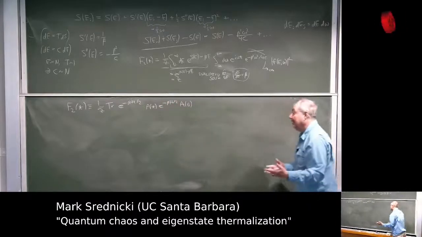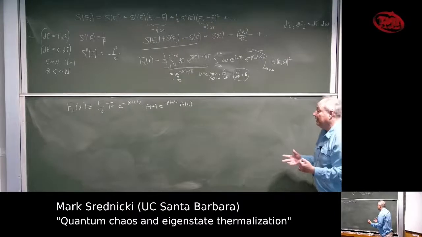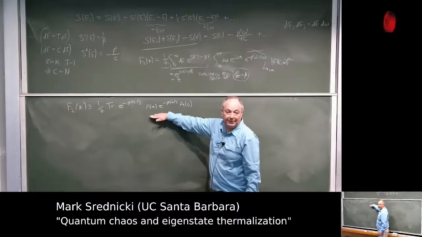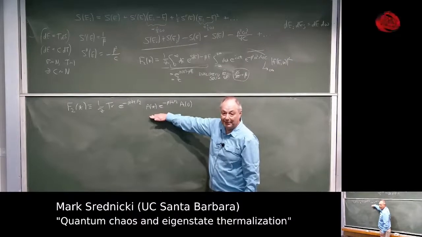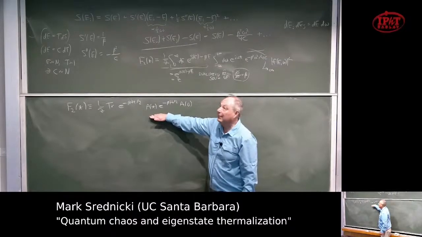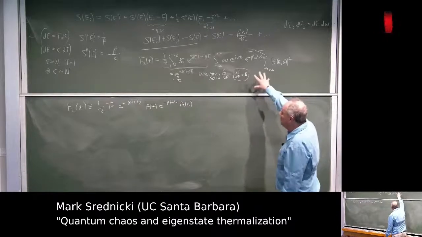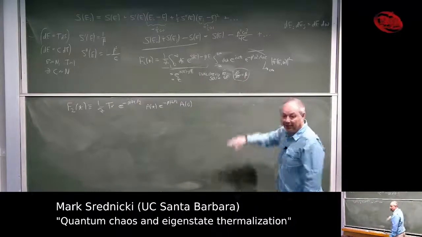So, I didn't really explain this very well. But here, beta is now an input parameter because I've decided I'm going to compute this object. And so now E is determined by beta by the usual relation.